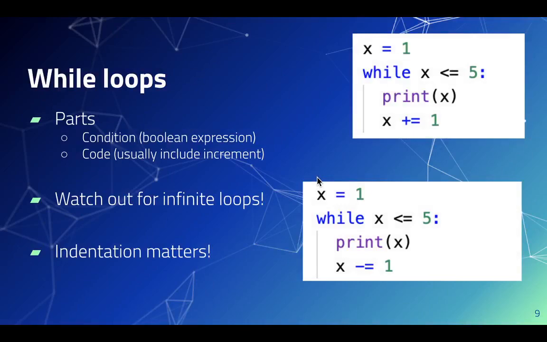Next, we have while loops. So while a for loop was used when we wanted to iterate a specific number of times, while loops are usually when we want to iterate until something happens. So in this case, we want to iterate while x is less than or equal to 5. So the moment x is not less than or equal to 5, this while loop will basically terminate.